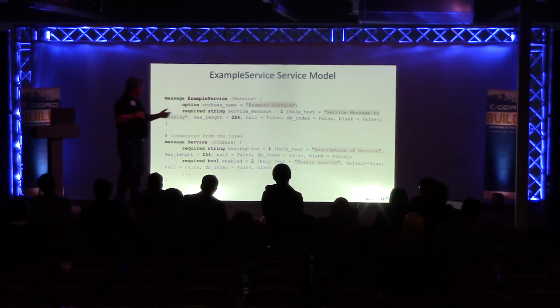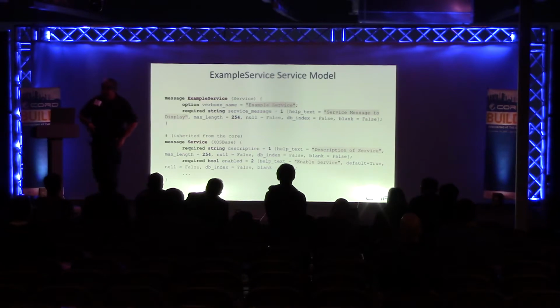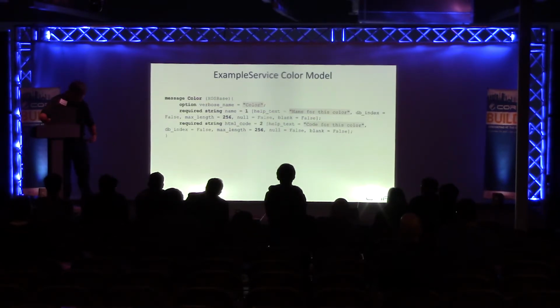So you might run into that implementation detail at some time. That's why there's both a null and a blank. So blank sets whether the GUI and the Tosca engine, I believe, will allow you to set the field to an empty value. DB index is whether or not this field will be indexed by the database. And that is the service object.